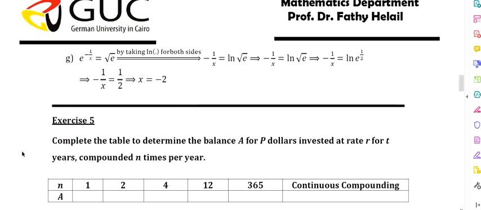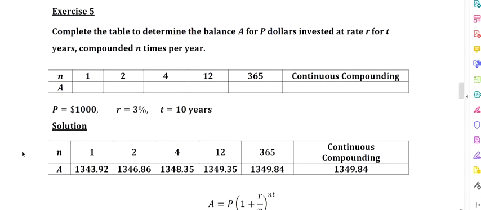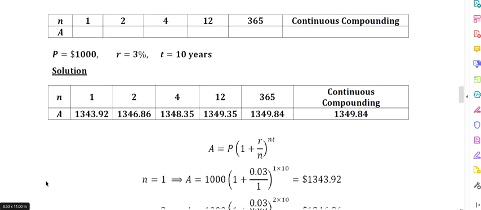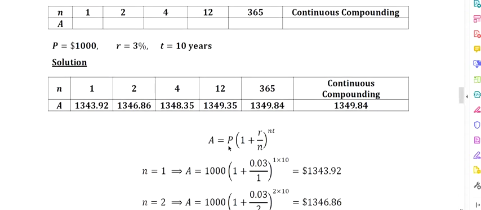Yes. So here what shall we do? We have P given as 1000 and R given as 3%. Of course we transfer it to a value. The percent is divided by 100 before using it, so it turns to 0.03, and T is 10 years. Using that formula, we directly substitute the P value, which is 1000, 1 plus R, which is 0.03 or 3 over 100, over the n, which is indicated in the table here.